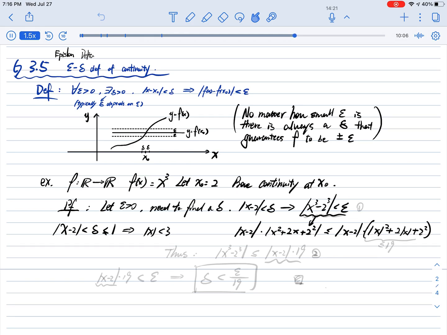And we can plug this inequality into the expression on the right, so we get that this part is going to be smaller or equal to 19, because we plug in 3 for the absolute value of x. In this case, the whole expression is going to be simplified into, all right, I'm going to write it this way.